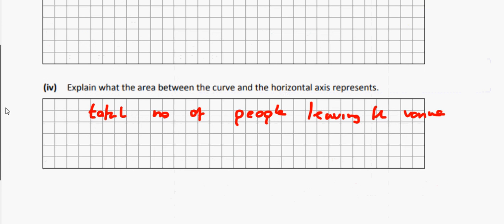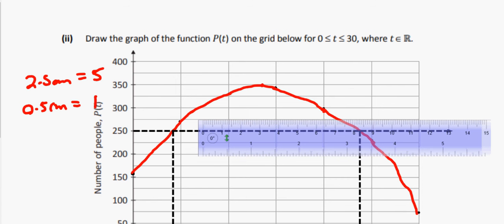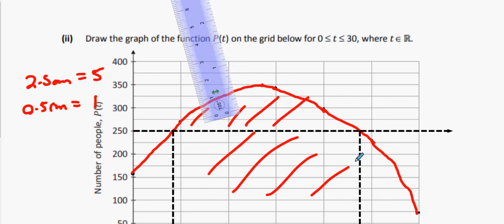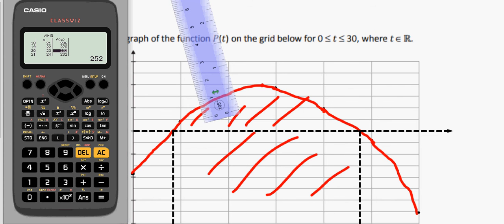Now, explain what the area of the curve and the horizontal axis means. It just means the total number of people that are leaving. Okay? This is an honest question, if I'm being honest. Everything in the y-axis is people. And when you add it all up together, you just get the total amount of people that left. So for example, in the 18th second, 322 people left.